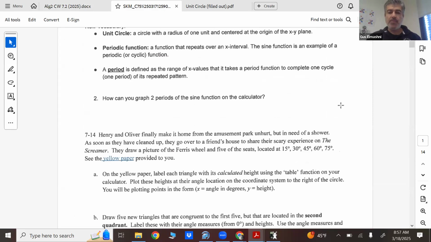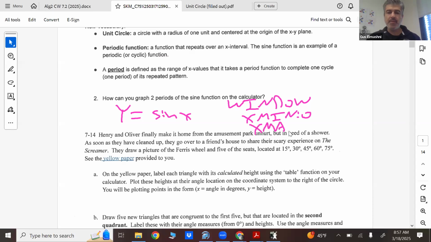So how can you graph 2 periods of the sine function in the calculator? You go to y equals sine x. You go to window. You make your x min 0. You make your x max 360. Sorry, 720. My bad.